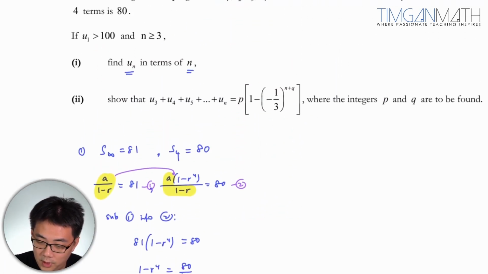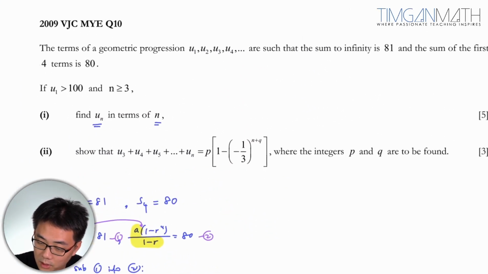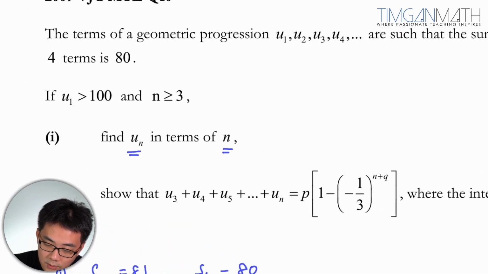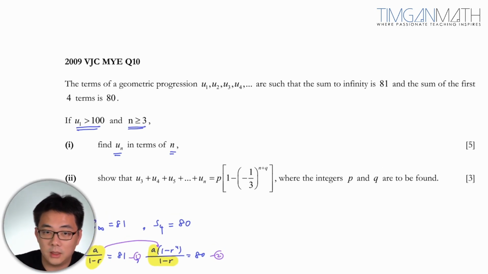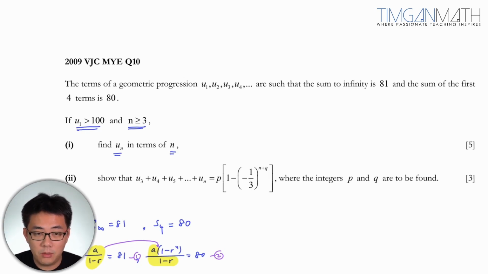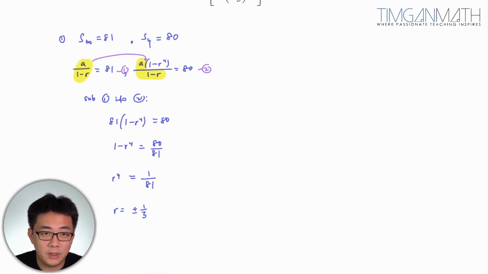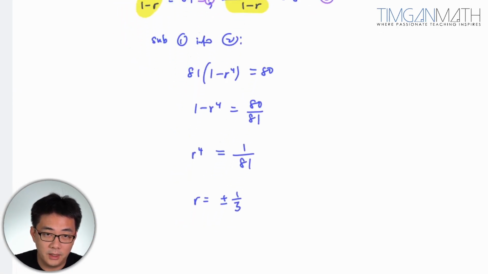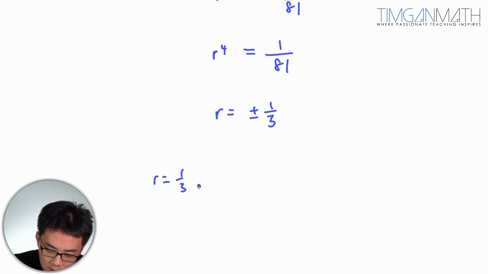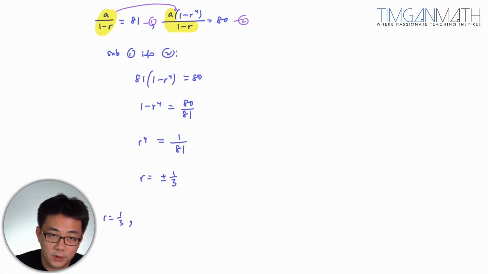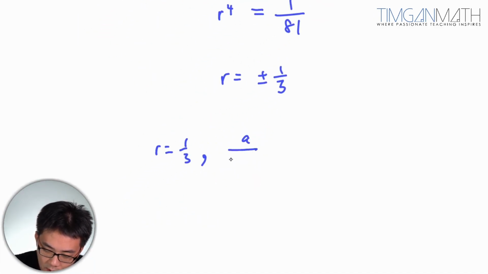Now, U1 is more than 100 and n is bigger than or equal to 3. What does that signify? Anyway, we just move on to find the first term first, then we will understand. When r equals 1/3, just substitute into this expression: a over 1 minus r equals 81.